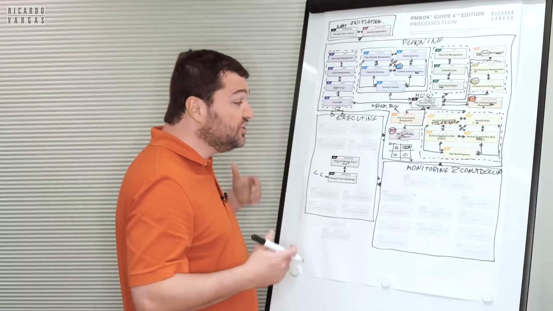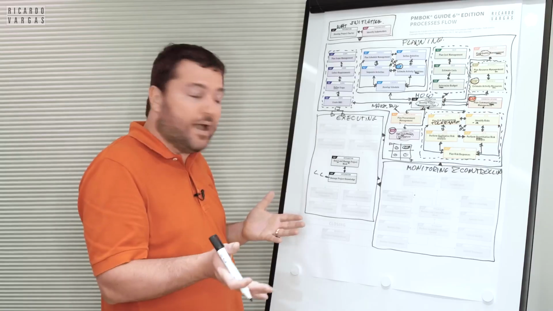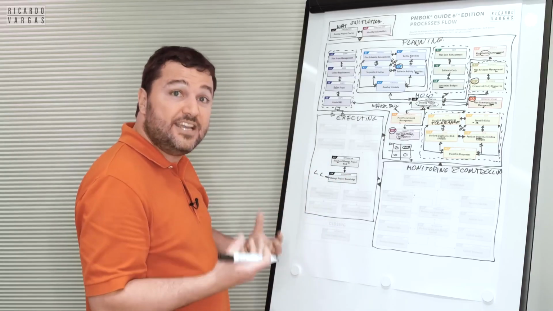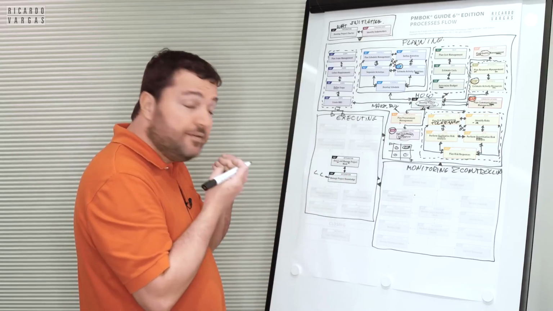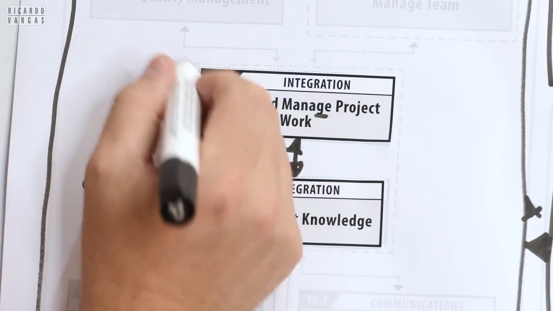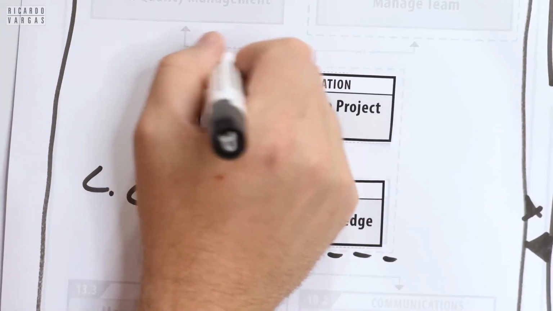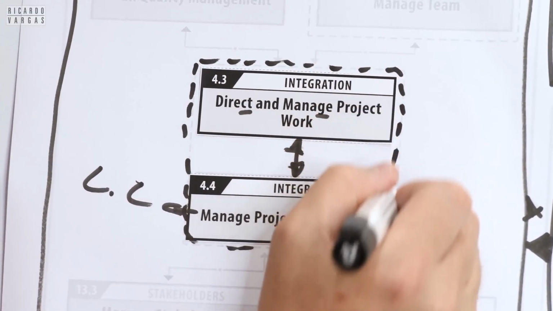What is working, what is not working, what is going well, not well, and you register this because this knowledge is very valuable. So you need to have these lessons learned.